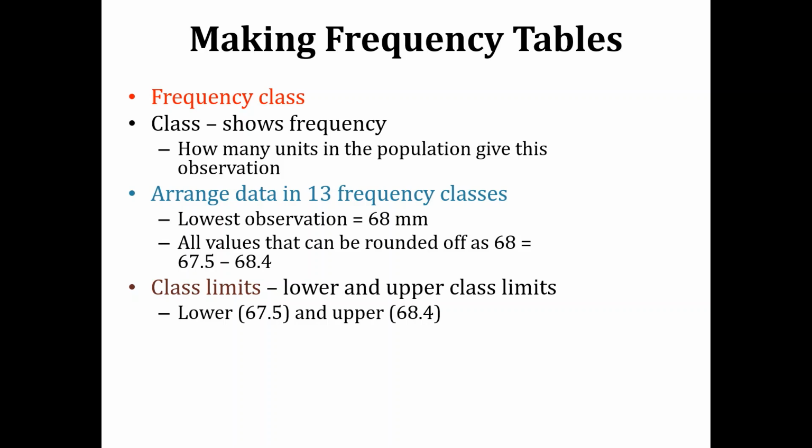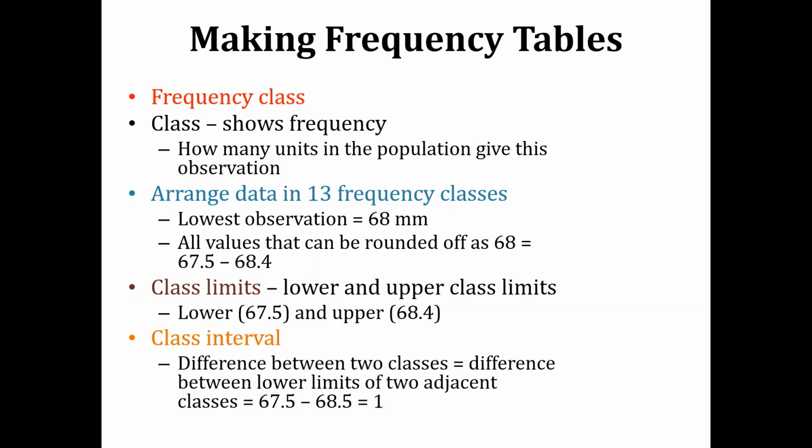So these are the class limits, and class limits are basically those values that represent the range of the class, that is, what values are included into this class. Then the class interval. The class interval is basically the difference between two adjacent classes, and this is calculated by taking the difference between the lower limits of two adjacent classes.